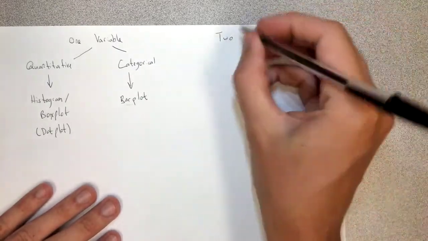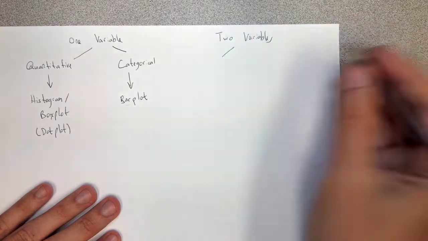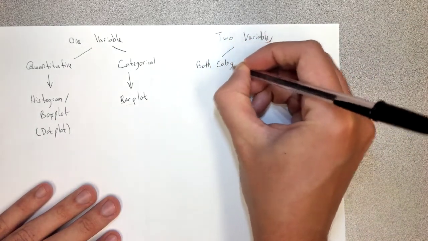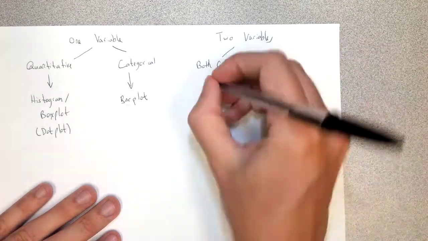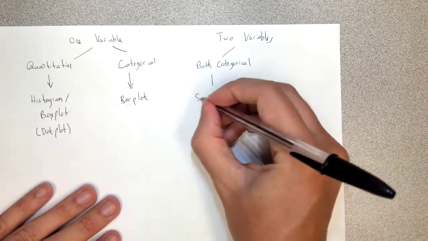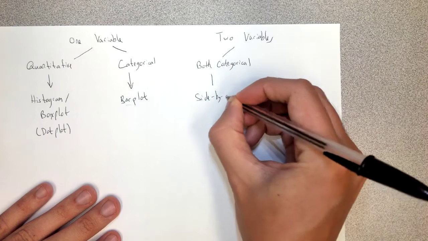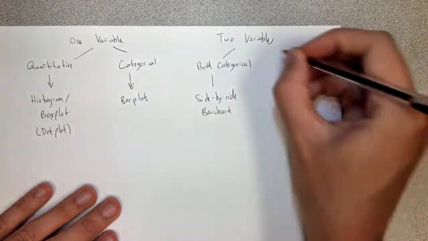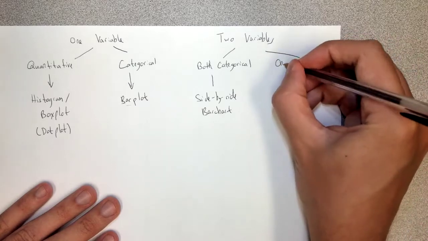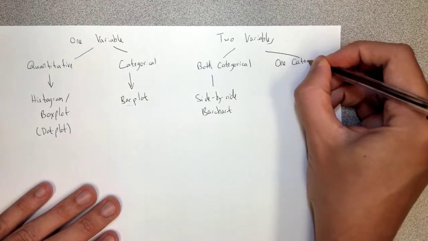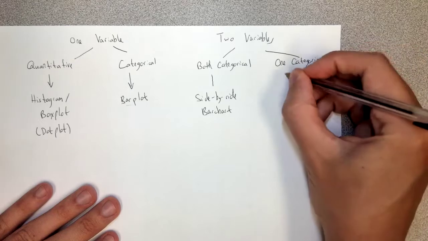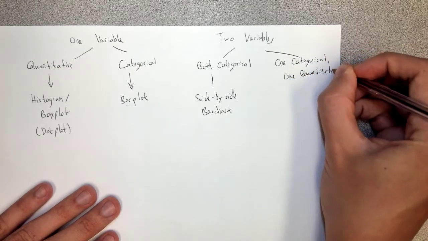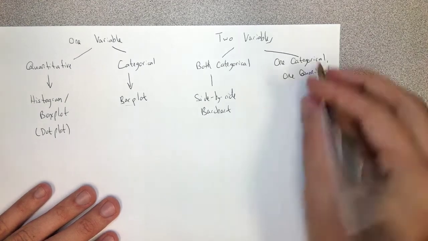All right, and so then if we have two variables, if they're both categorical, then that's when we used our side-by-side bar chart. And if we had one categorical, one quantitative, that's what we just finished up with, that teacher salary data.